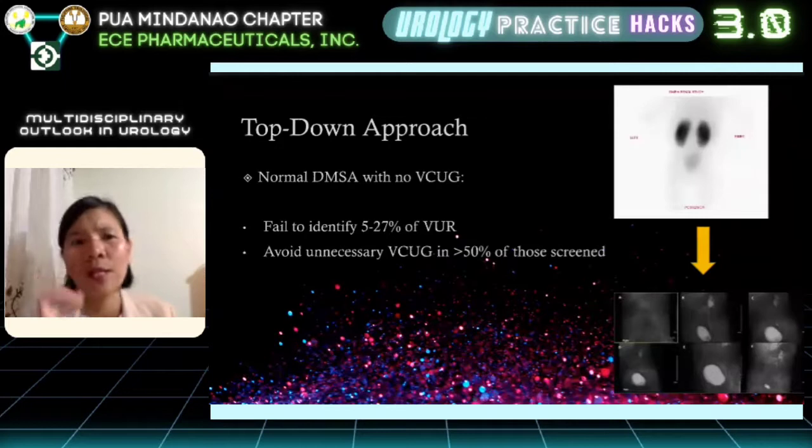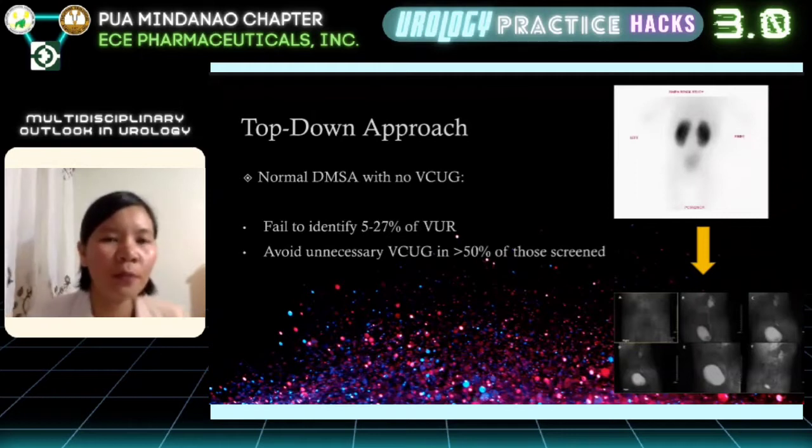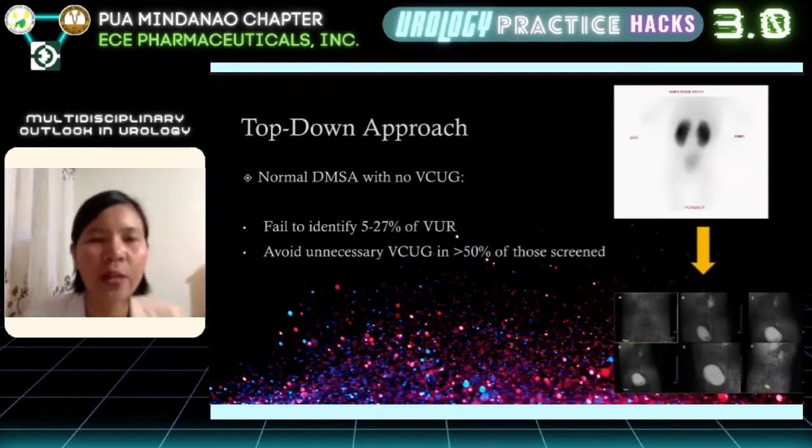Important to mention is another approach. So earlier we discussed, in order to diagnose VUR, we go first for the VCUG, which looks at the bladder. And if the patient has reflux, that's the time we do our DMSA to detect renal scarring.